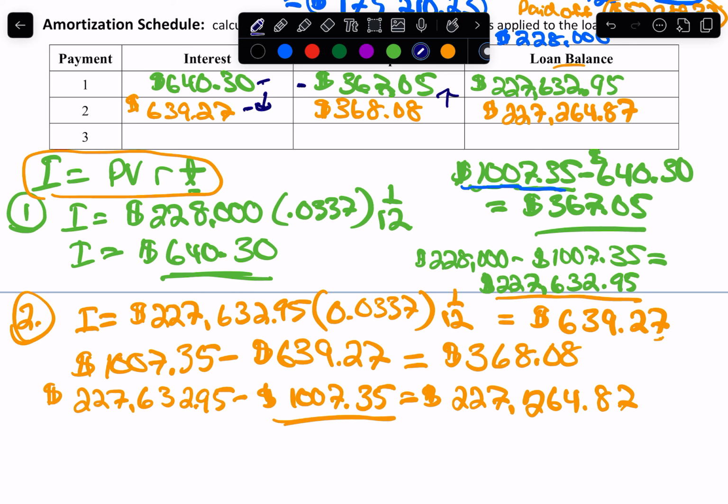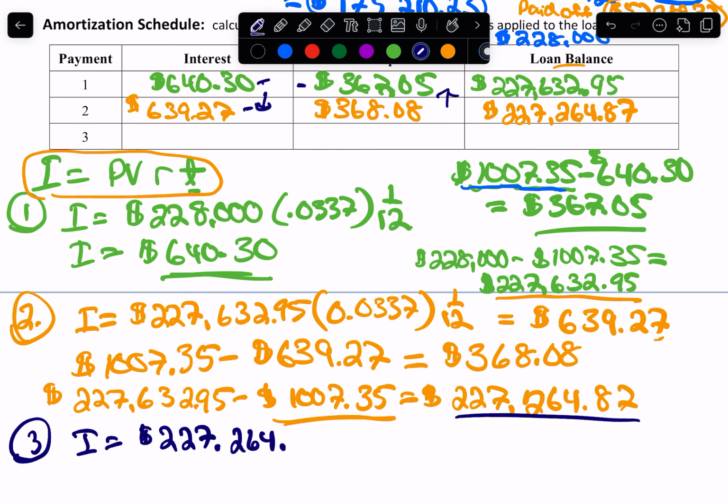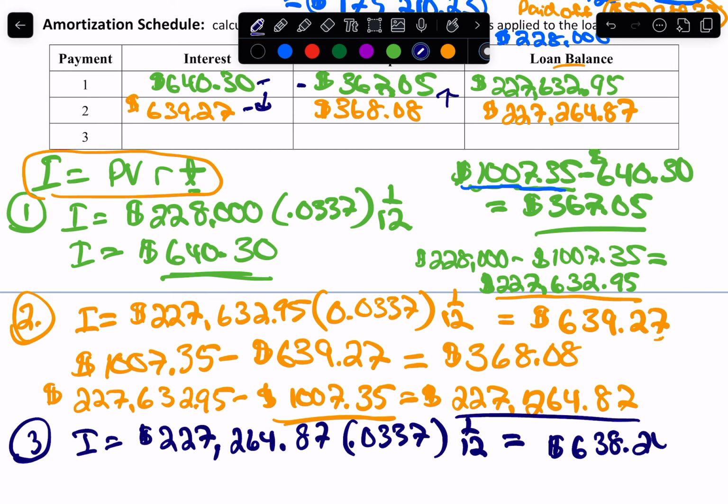Okay, so let's calculate that third one here. Our starting value is going to be $227,264.87. Our rate did not change, and it's still 1/12. So when we do this calculation, we get $638.24.